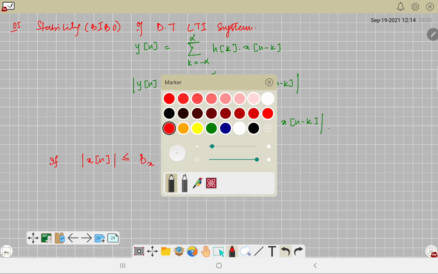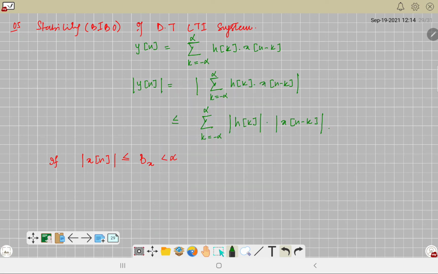So if I apply this here, it means that the magnitude of y of n will be, since b of x is bounded, b of x comes outside, times the summation k from minus infinity to plus infinity of magnitude h of k. So it all depends upon this summation, and if this summation is finite, we can say that the system is stable.